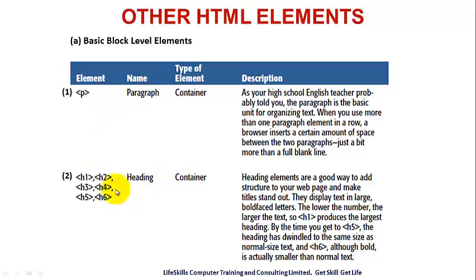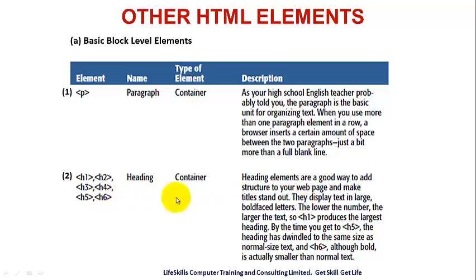Then we have heading tag. This heading tag is another good way to add structure to your web page. And like the name implies, we use heading tag for title. We have heading 1, heading 2, 3, 4, 5, 6. Heading 1 will give you the largest size of text. Heading 6 will give you the smallest size of text.